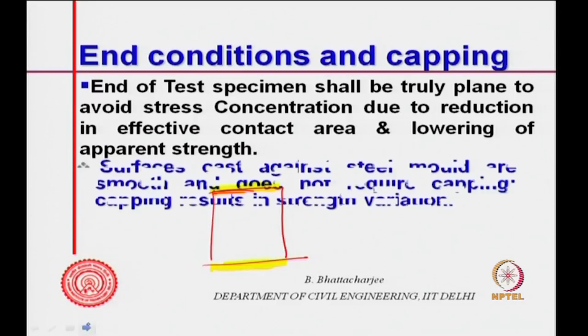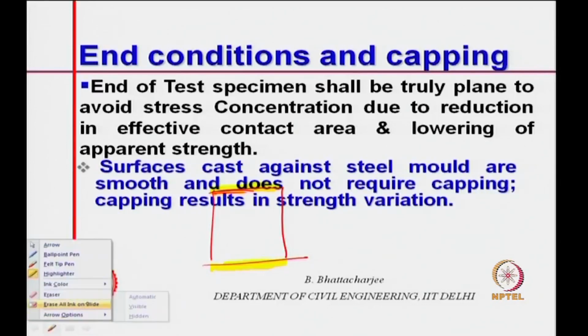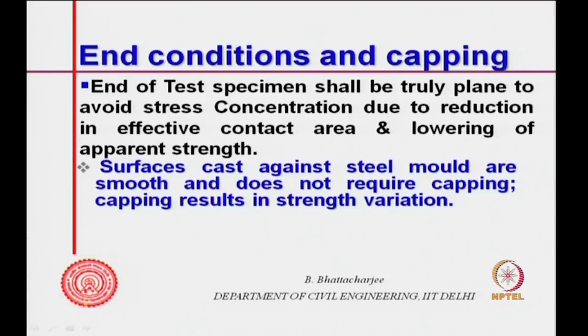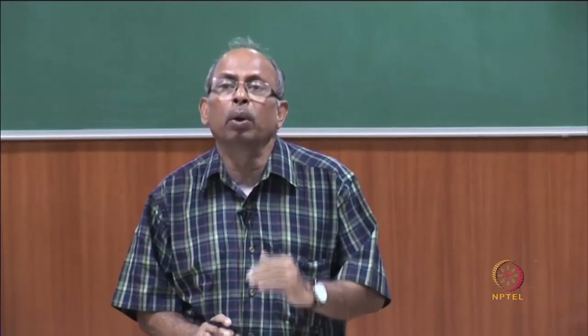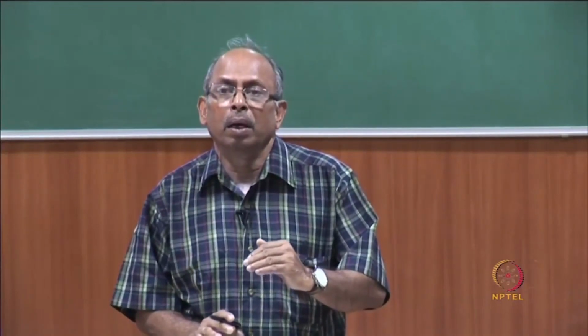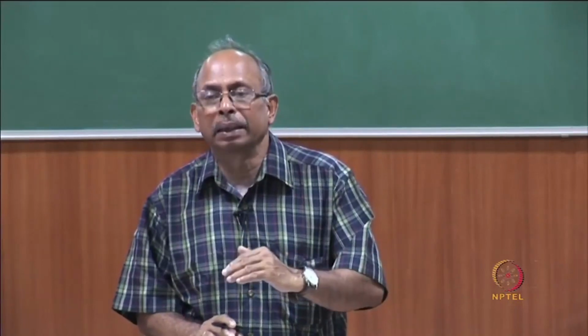And to do that, what do we do? Surfaces cast against a steel mold are smooth, and therefore they do not require any treatment. I will talk about capping a little bit later on, but it does not require any treatment. This is very smooth, and I put that below the loading plates, what we call loading platens.